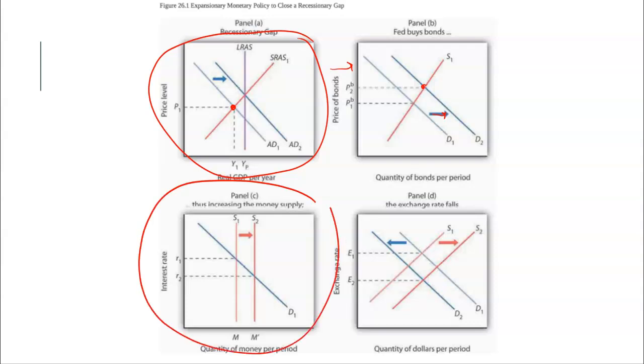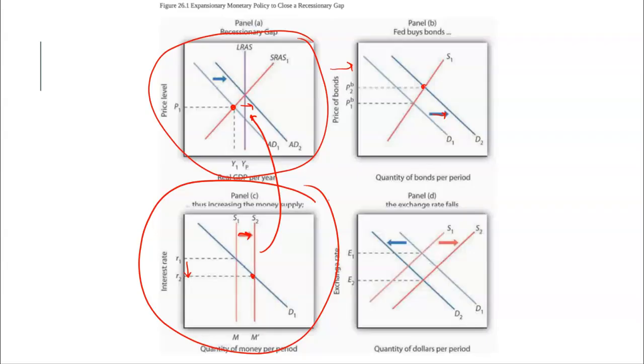Then that gets us to panel C. The money supply is going to increase, causing interest rates to drop. As interest rates drop, we go back to this first panel A and we see that aggregate demand increases.